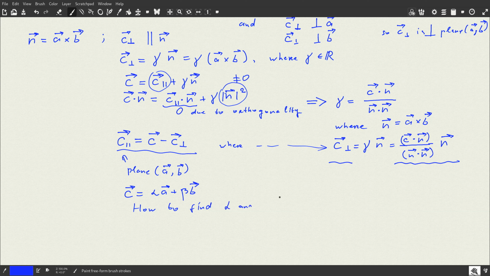Well, there are two ways. The first way is to expand this in coordinates. So we have three coordinates of each vector, x, y, z, and one equation here, an equation in coordinates.